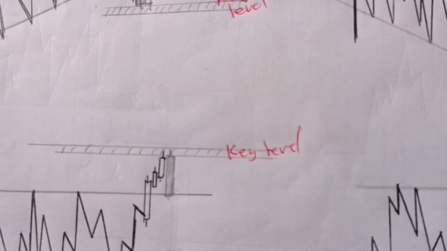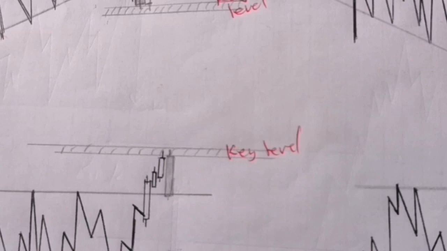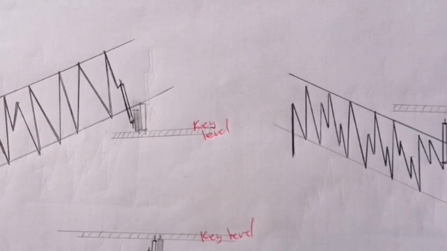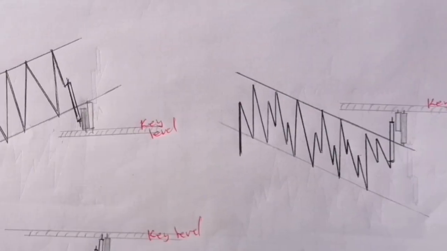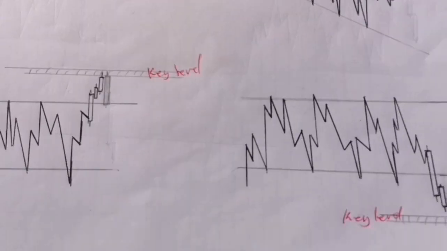Like you can see right here, price broke out of the key level and then went back to retest the major key level, and then you draw your own key level right where price returned on its way back to retest the major key level, as you can see in the examples right here.